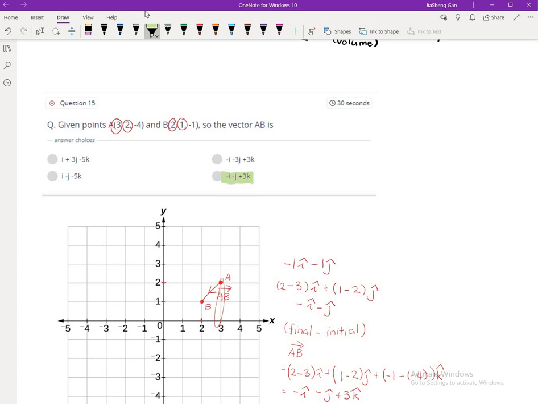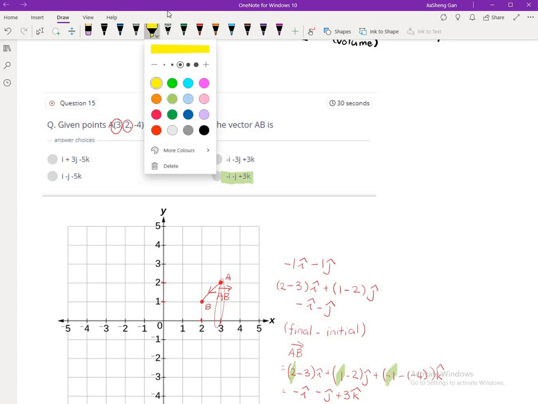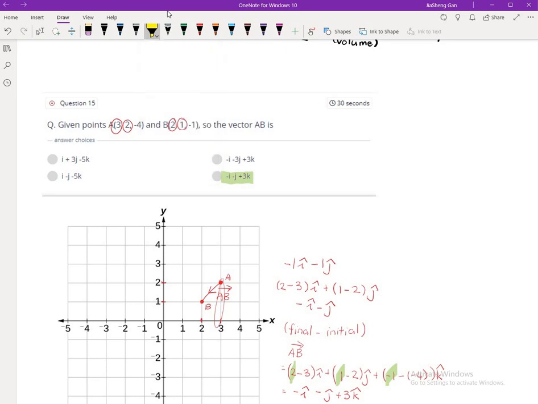Take the final minus initial. The final is 2, 1, negative 1. Therefore you have 2, 1, negative 1 as your final. Your initial is 3, 2, negative 4. Take the difference between the final and the initial, and that's your vector AB. Okay, so that's your answer for question 15. So that's all for the chapter 1 revision quiz.